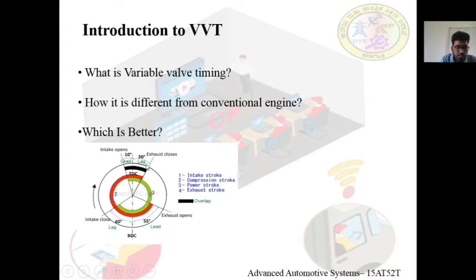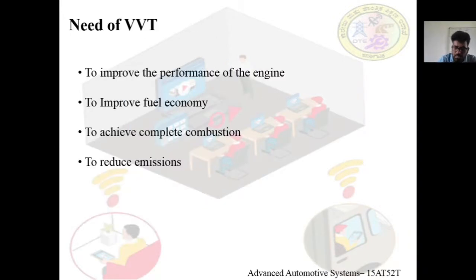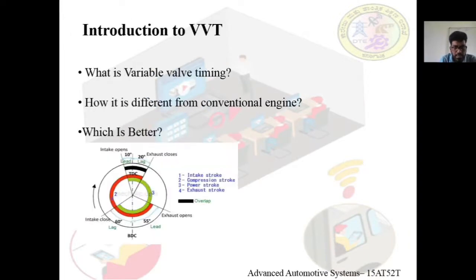So this valve timing will be constant for any speed. For all speeds in a conventional engine, the intake opens 10 degrees before TDC and closes 60 degrees after BDC. So this valve timing diagram is for a four-stroke engine at all speeds.